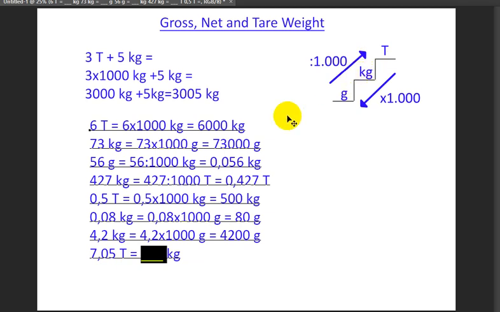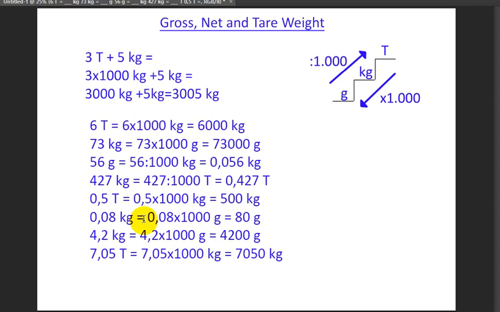From tons to kilograms is a step down, so 7.05 times 1,000 will give me 7,050 kilograms. And that's it.